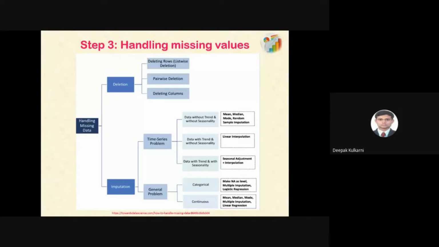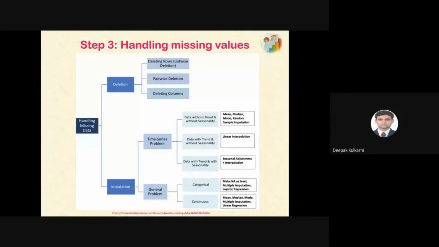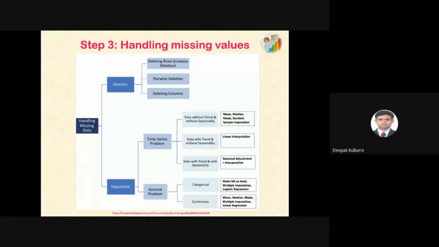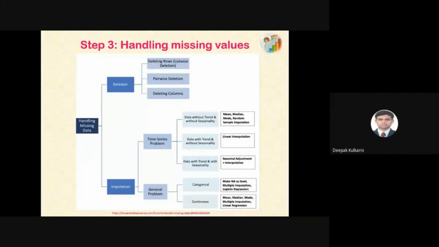So there are two possibilities: either you entirely eliminate the row which consists of missing values, or you substitute the values. Mode will not come into the picture when it is a continuous variable, so either mean or median, or there are some other imputation techniques. So this is about the handling of missing values.